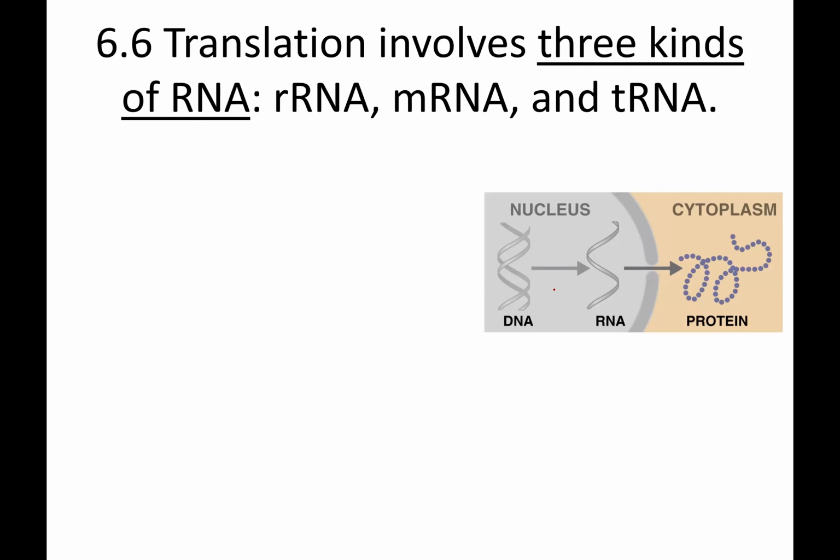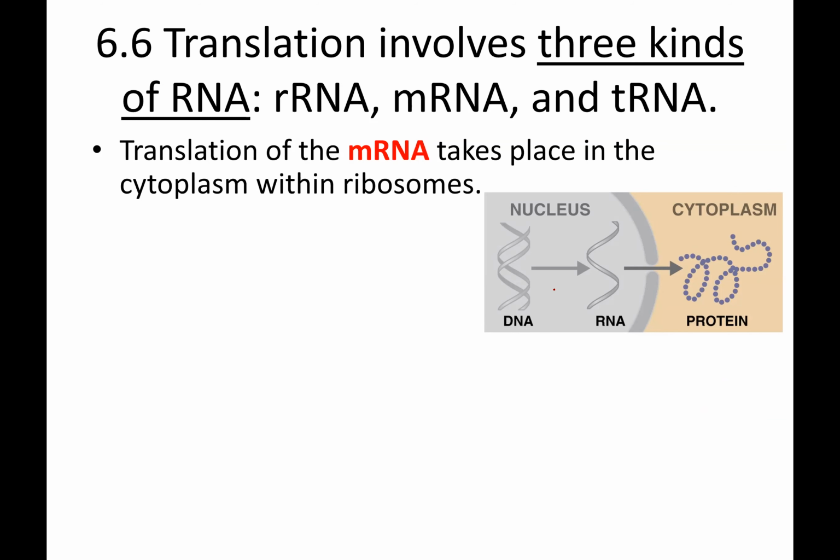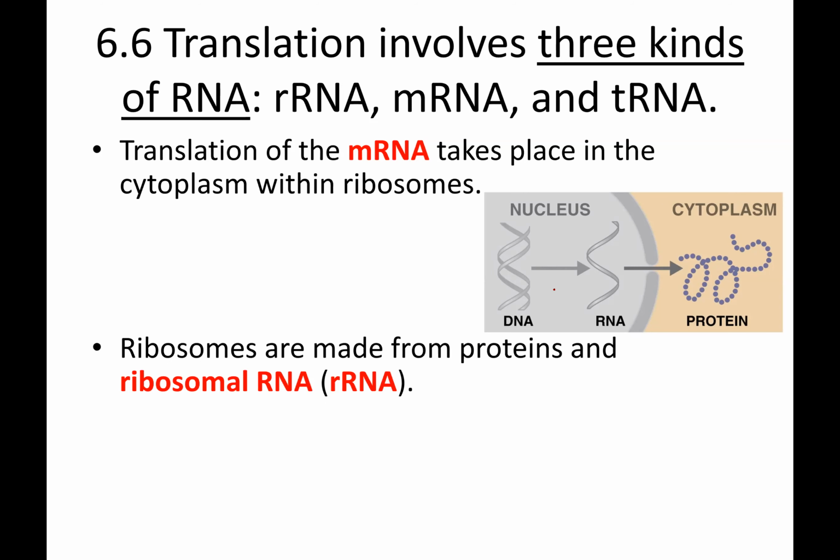Okay, talking about translation. So this is the part that occurs in the cytoplasm, and it uses those 3 types of RNA that I brought up earlier. So you're translating the mRNA molecule that was made in the nucleus in transcription into protein. That takes place in the cytoplasm with the help of ribosomes.